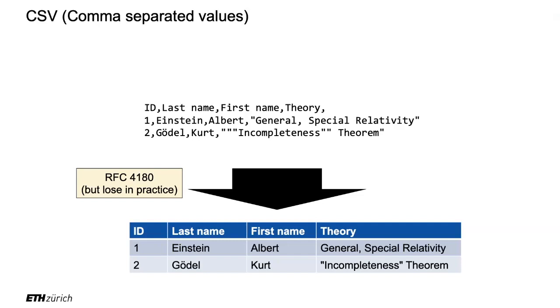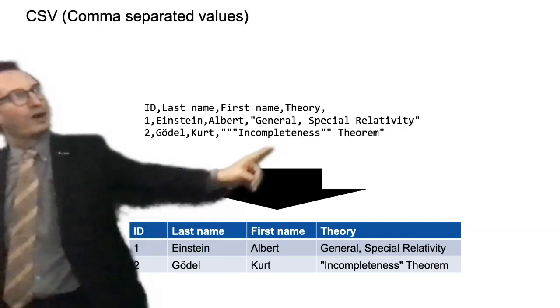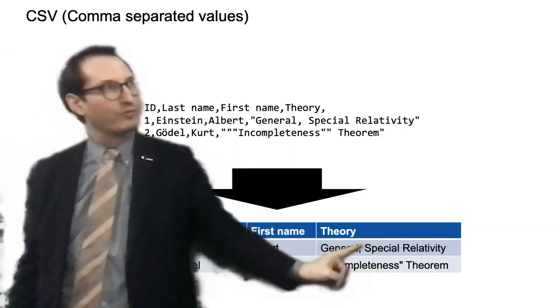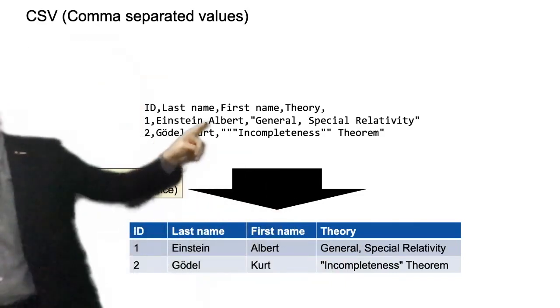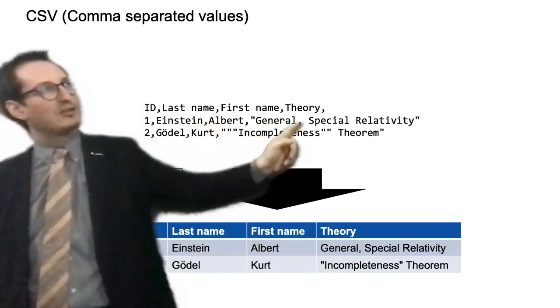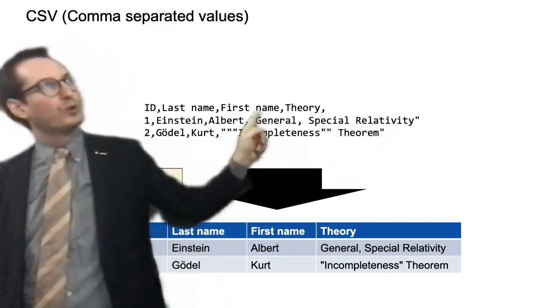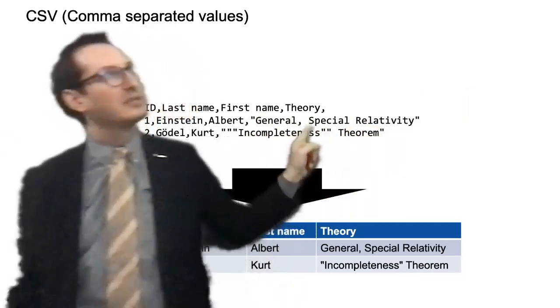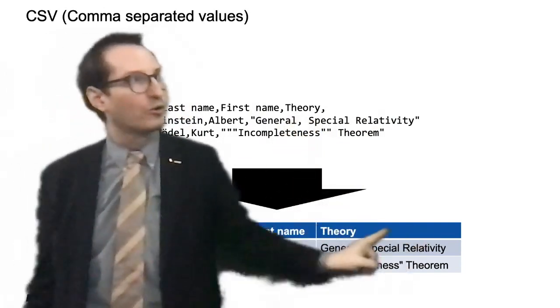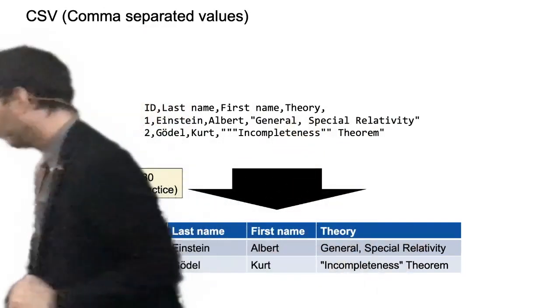So for example, let me just show you how complex that is. If you have a comma here that you want to be part of your cell, you cannot have it just like that because it's going to believe that it's a cell "general" and then a cell "special relativity", right? So you have to put quotes here and here to basically mean this comma here is a real comma that we want to see in the table, right?